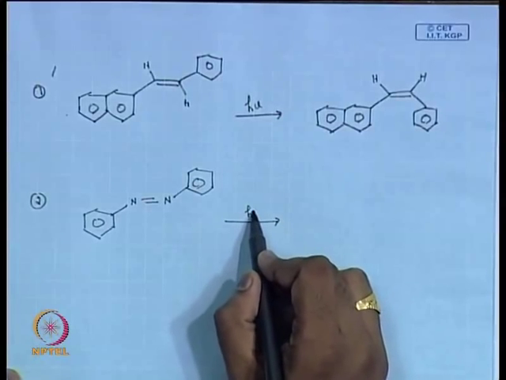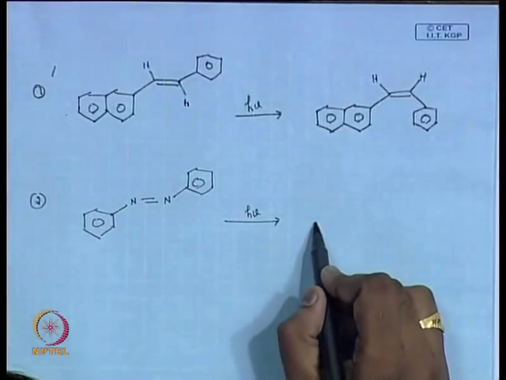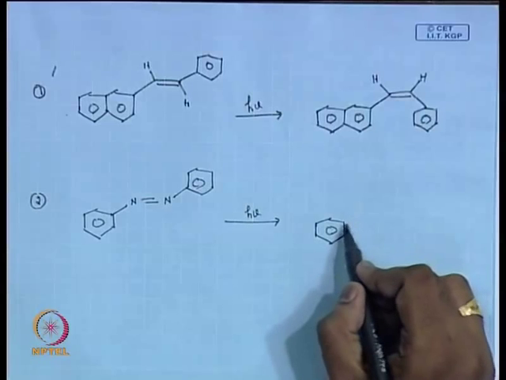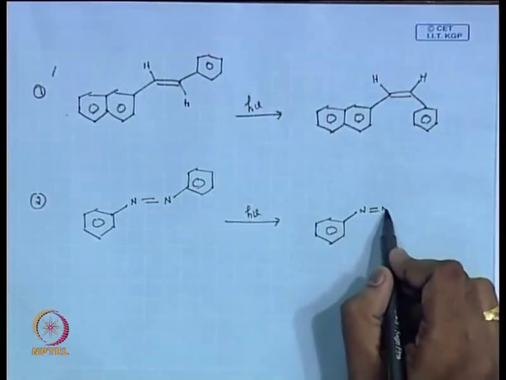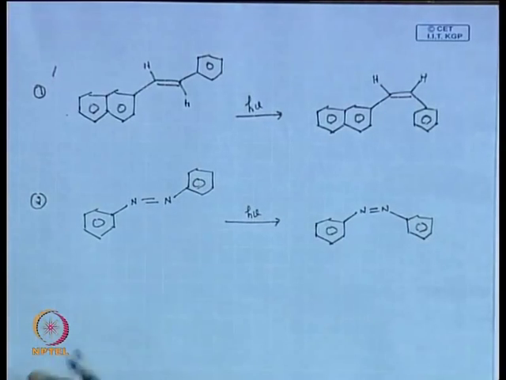Otherwise, what happens if you photolyze them for a long time, you can also see some chemistry of nitrogen going out. Okay, that type of chemistry is also seen in Azo compounds. But simply, you take an Azo compound, you photolyze, you end up with a nice cis and trans. Okay, this is easy to draw.